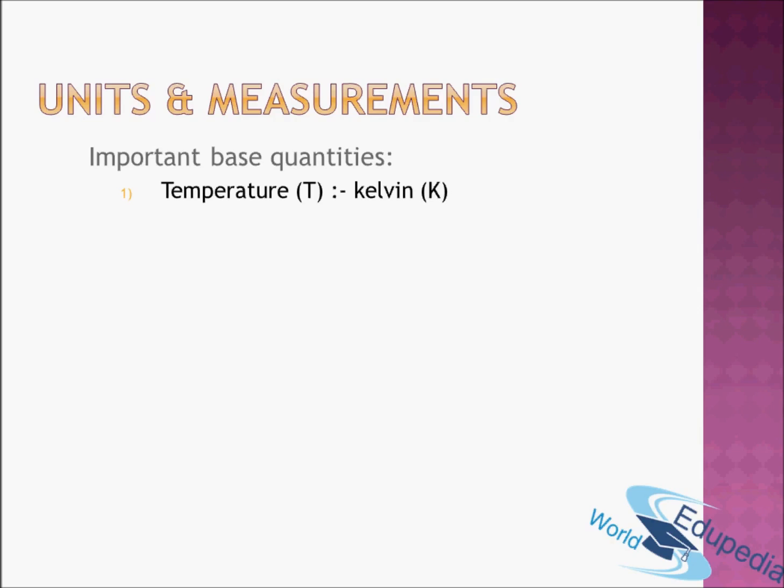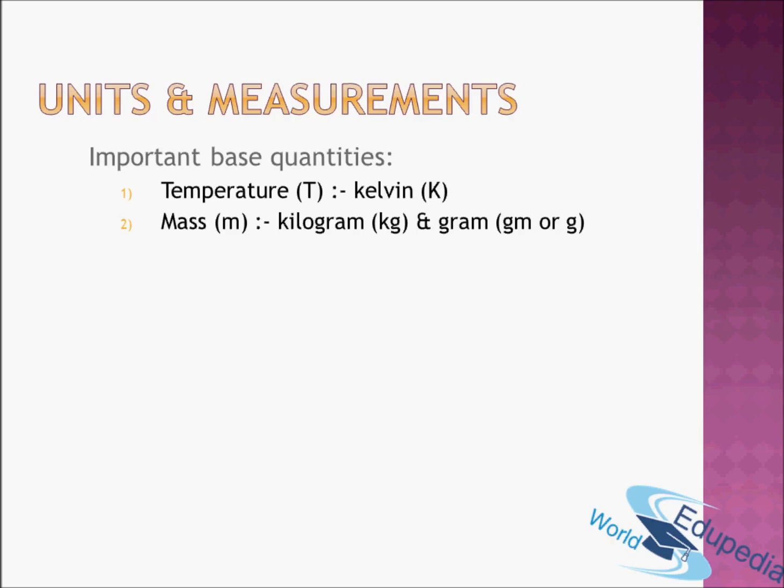We'll also study the CGS system because in a lot of books, and even in your exam questions, you will find reference to the CGS system. So you need to know both and the conversions between them. For temperature it is easy because both in SI as well as in CGS system, its unit is always Kelvin.